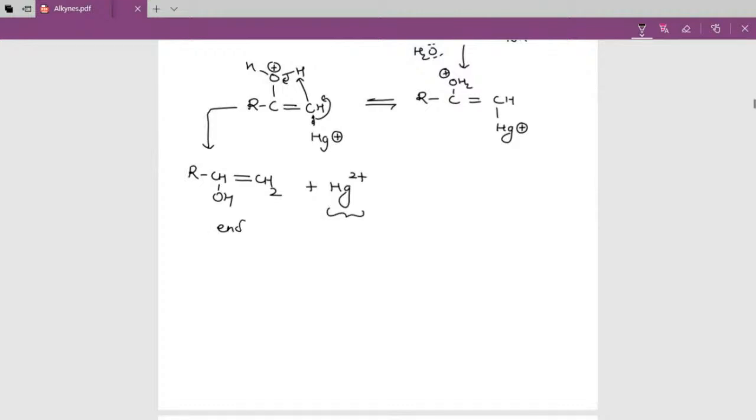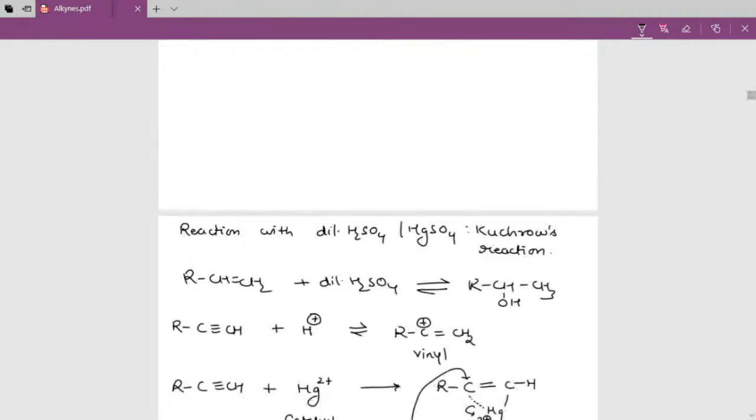Now see, this is an enol. It will immediately tautomerize to a ketone. So what is the net product of this reaction? I'll write: products are ketones. Only and only acetylene will form an aldehyde.